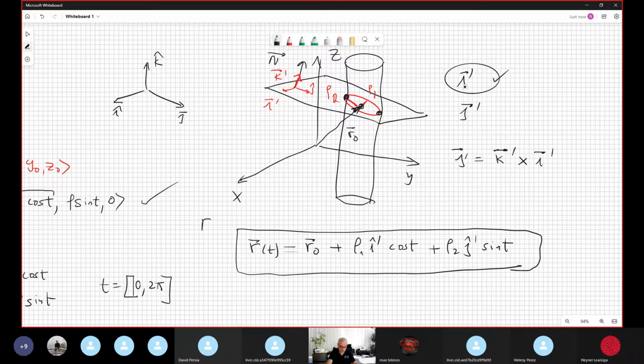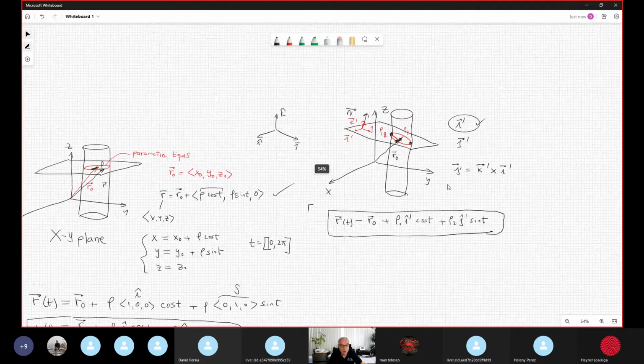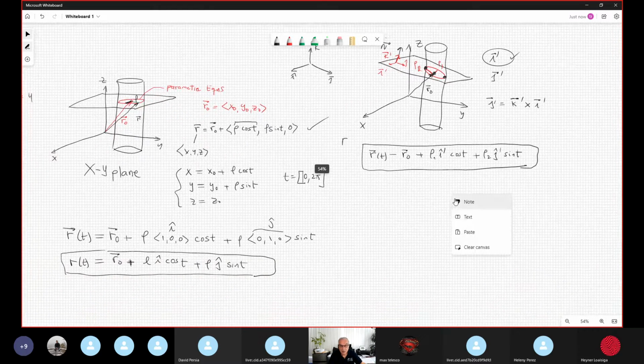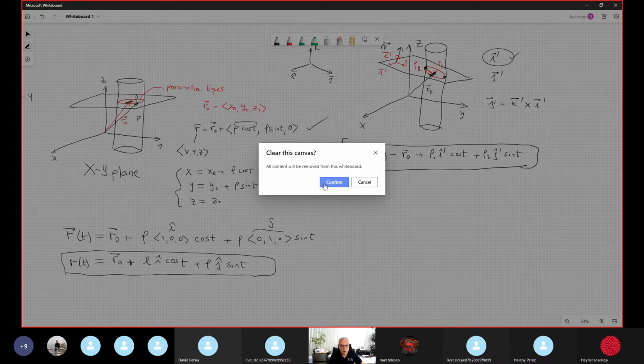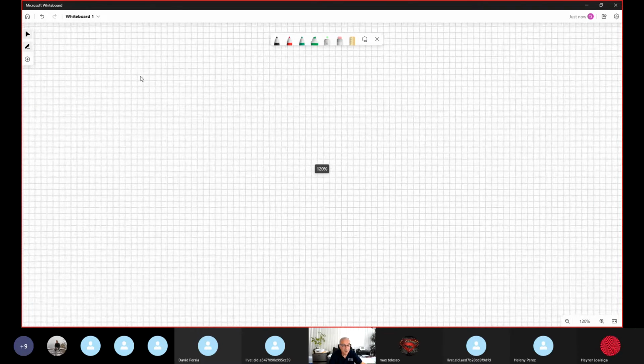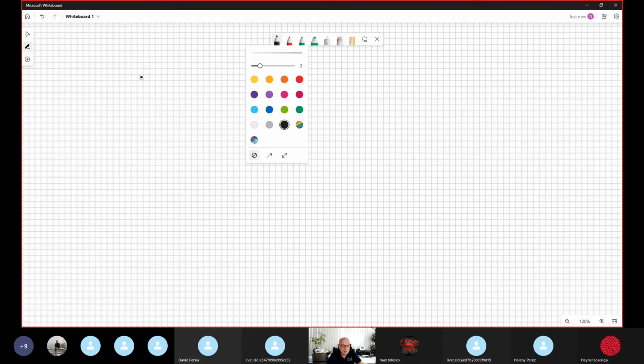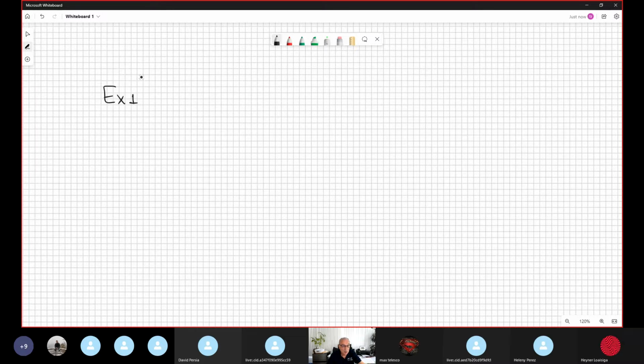Let me explain with one easy example. You see, wow, too complicated? No, it's easy. Let me show you in detail now. Suppose I need to find the parametric equation. This is example 1 in 3D.